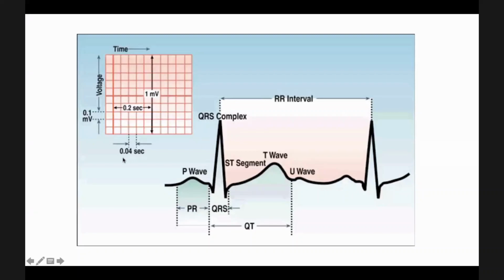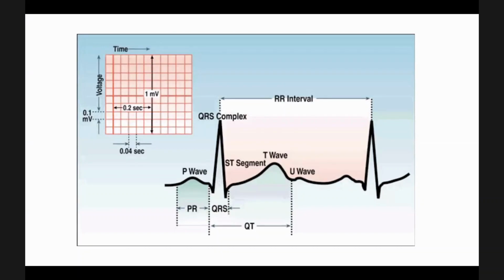One small square is 0.04 seconds, and one large square is 0.2 seconds. I told you the PR interval should be less than one large square, 0.2 seconds maximum.